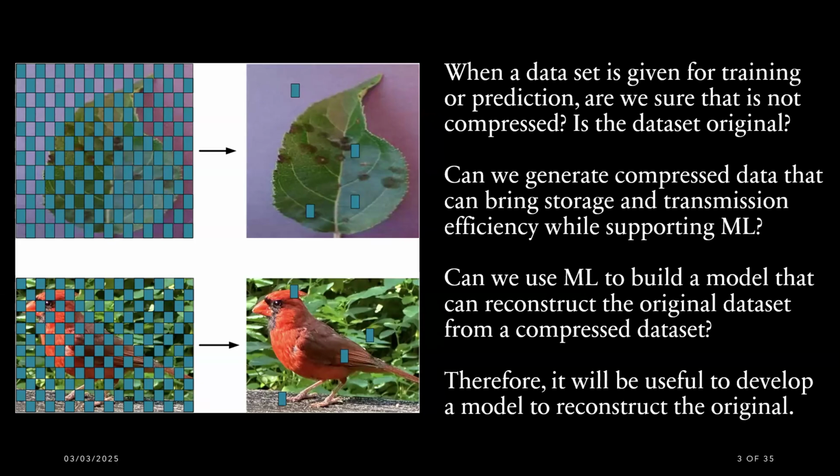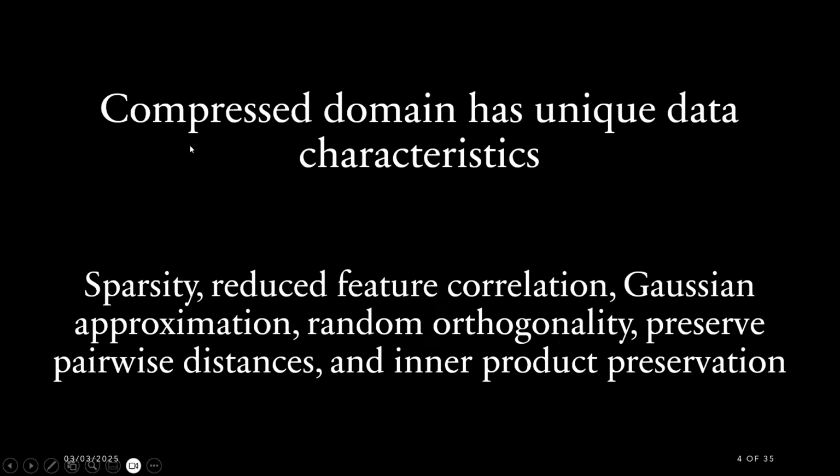The other thing we could do is share the image or the data set, so to save storage and improve transmission efficiency, we compress and then send it. When you receive compressed data, how can we build the model? That's what we are looking at here.